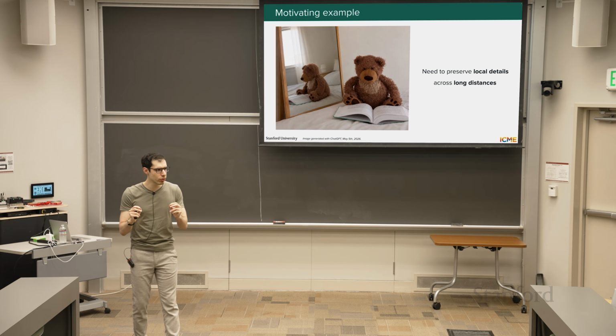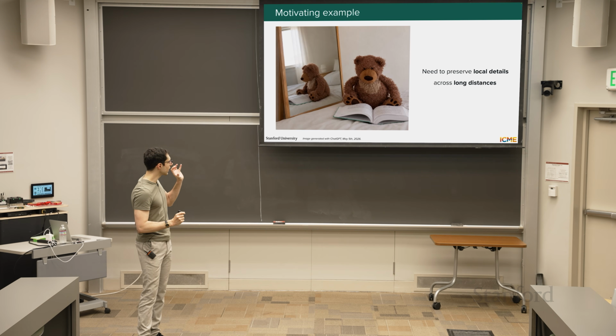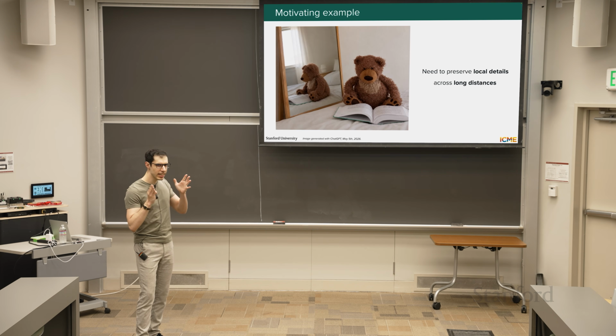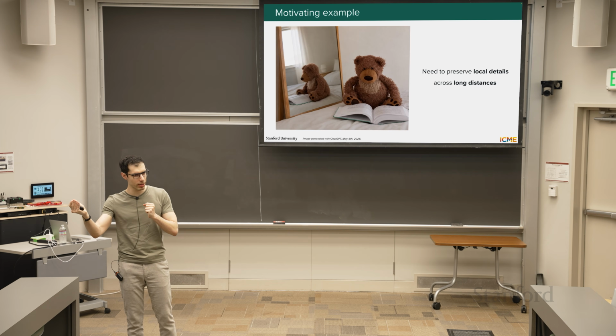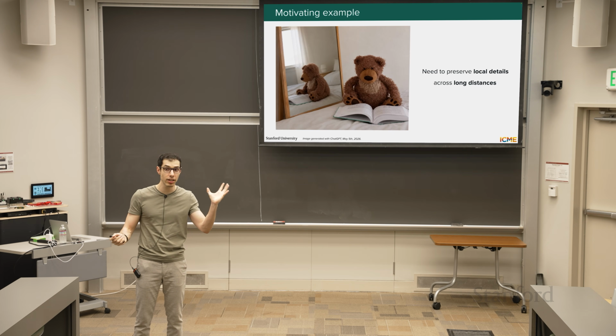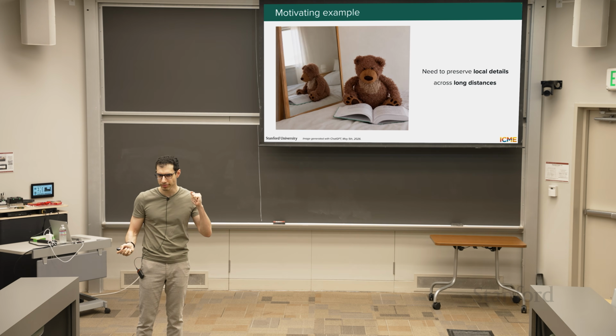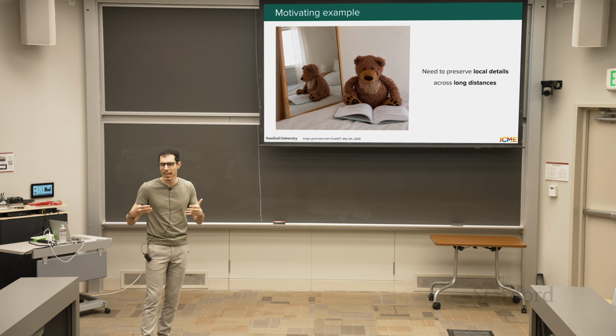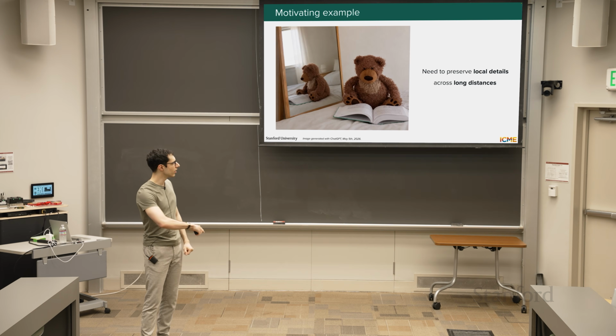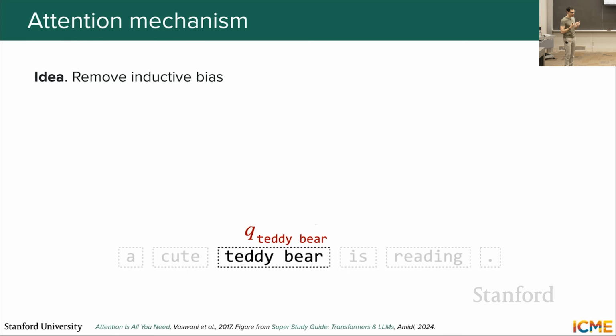So you're not able to cleanly capture or have an understanding of a local detail in one part of the image and a local detail in another part of the image. And so this is an example where the UNet may actually fail. And for that reason, the transformer is a great model for that.